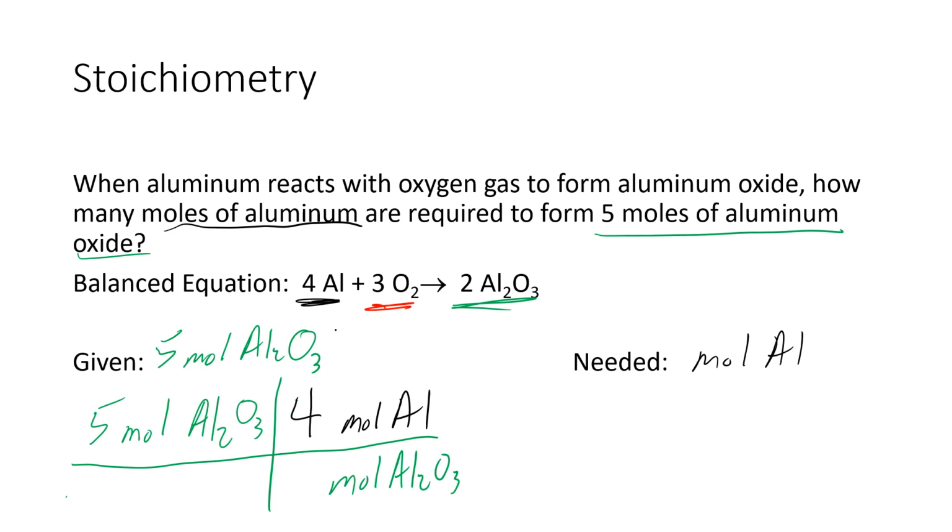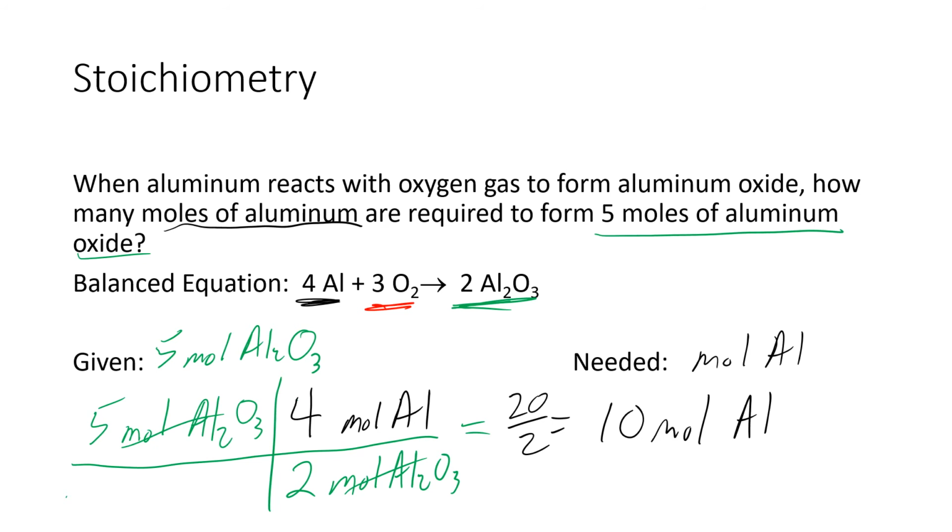So we got 4 with that one, and we got 2 with that one. That cancels out moles of aluminum oxide. We have moles of aluminum, which is what we needed. So we're just going to do this math real quick. 5 times 4 is 20. 20 divided by 2 is 10. So that takes 10 moles of aluminum to react to make 5 moles of aluminum oxide.